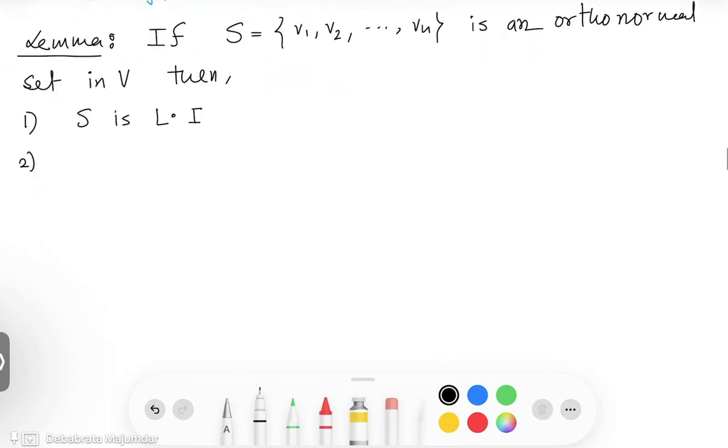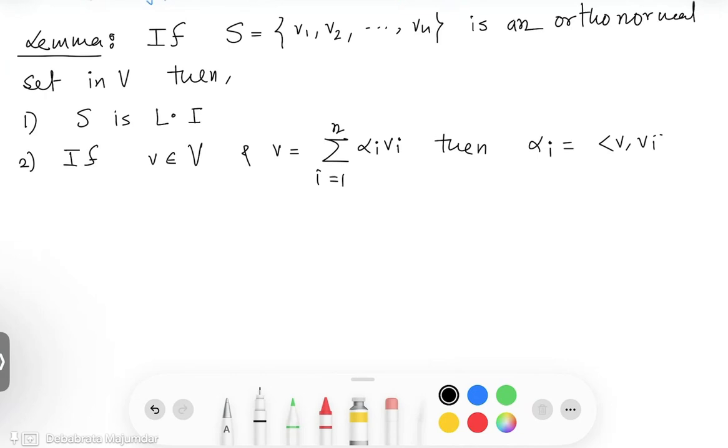Second, if v belongs to V and v is equal to the summation of alpha i vi, then this alpha i is basically the inner product of v and vi, and this is true for all i.